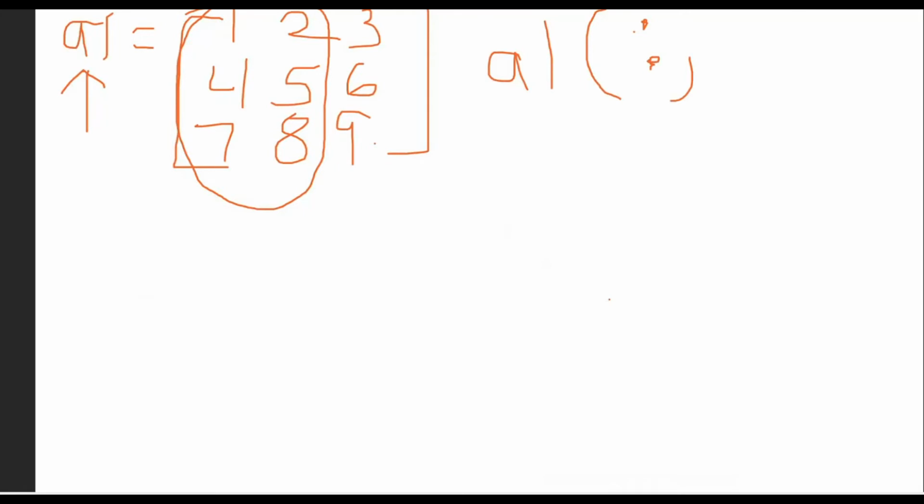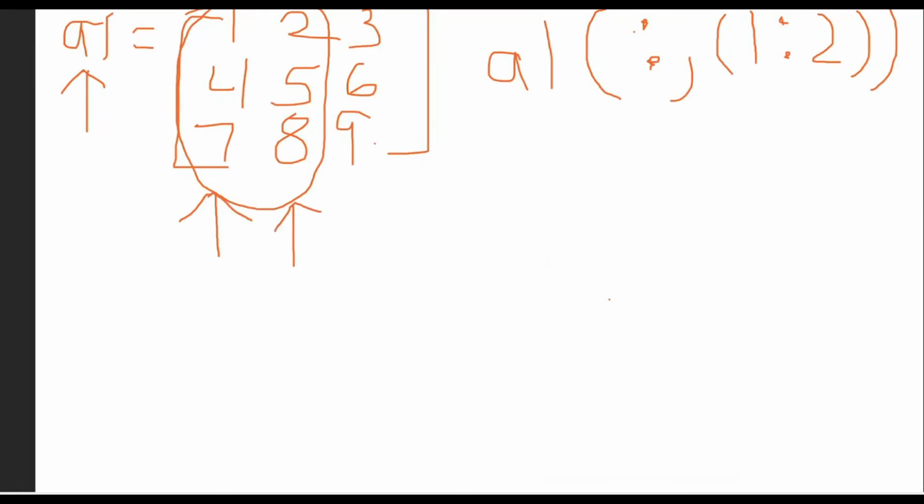So what we could do is use an inner colon notation and do 1 colon 2. Remember colon notation: 1 is the beginning, and the default skip is 1, right? So in this case, we're going to get 1 here and 2.